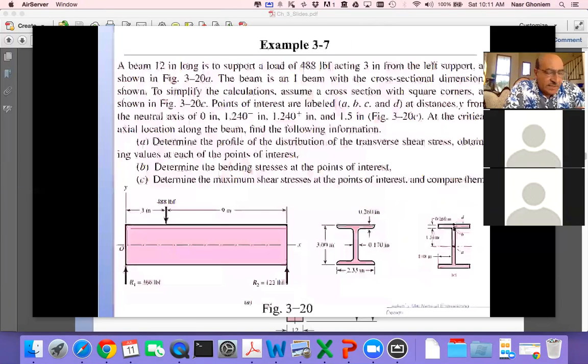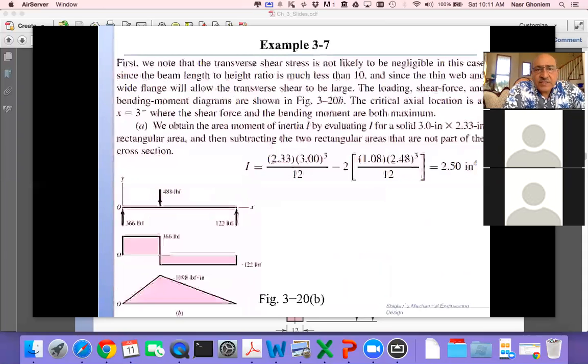So this applies, let's say, if we have an example here, and I have a beam, and the beam has a concentrated force of 488, and then we find the reactions by simple statics at the two ends. Then from that, we're able to find the shear force diagram, as you can see here.